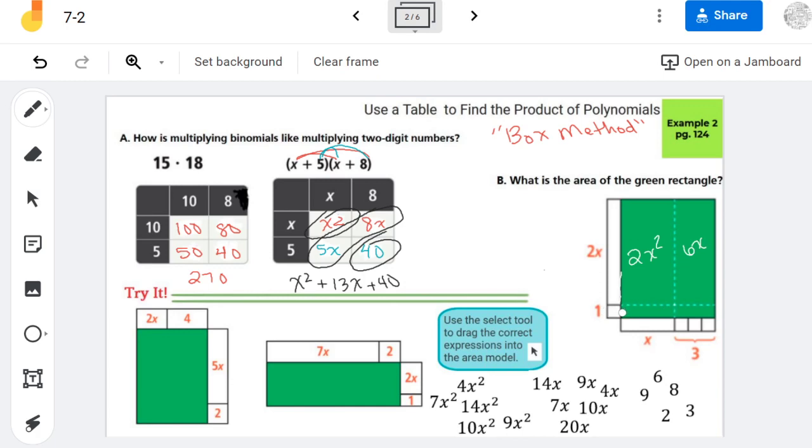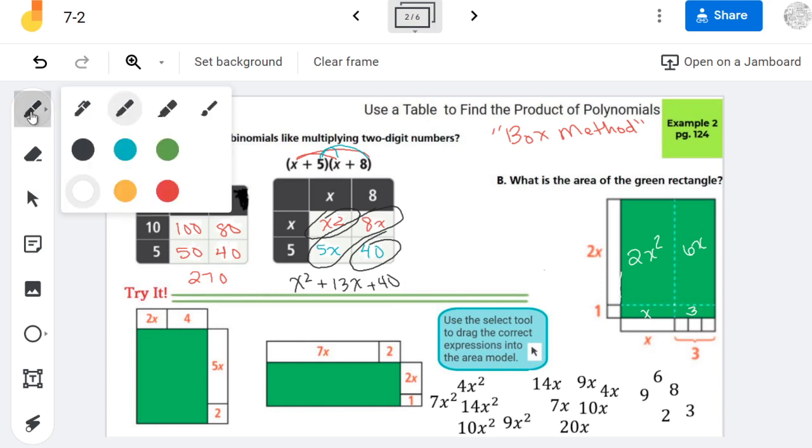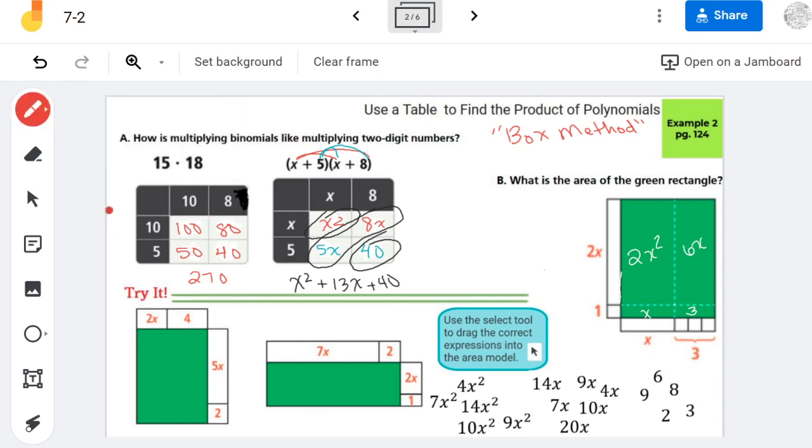So then here I have a unit of 1 and a unit of x. So 1 times x is just x. And for this little tiny corner, I have a unit of 1 high and 3 across, which gives me an area of 3. So now I could take those values and I can add them together to find that area of the green rectangle, right?